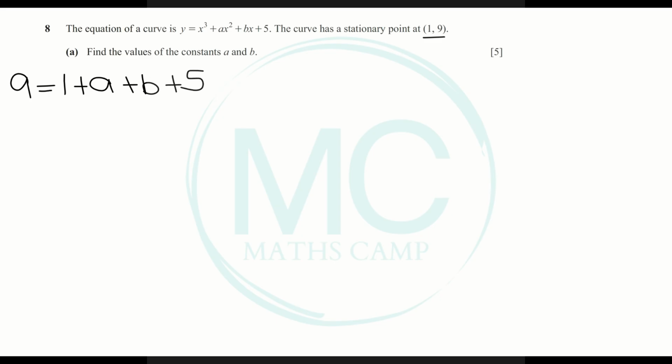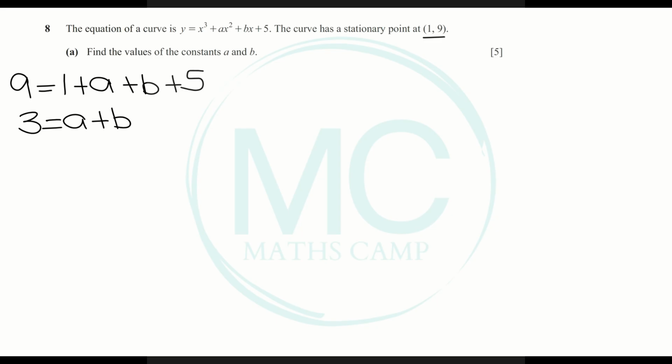Let's tidy this up. 1 plus 5 is 6. 9 minus 6 gives us 3. So 3 is equal to a plus b. Let's leave this as it is for now.